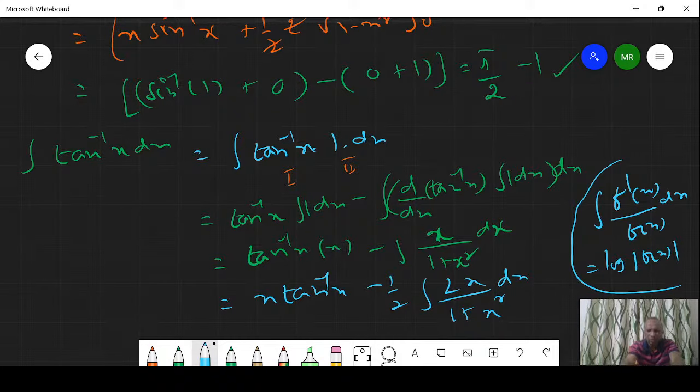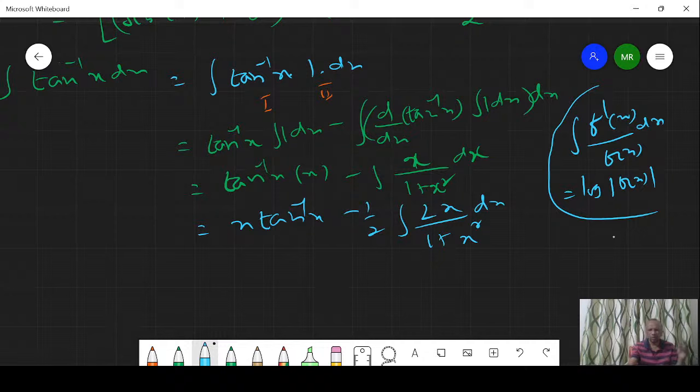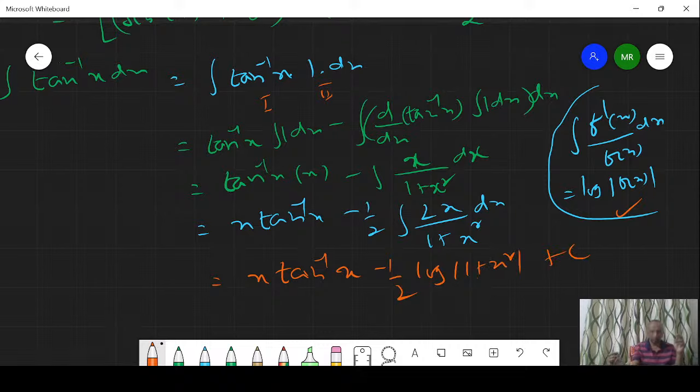Using this formula, this will become x tan inverse x minus 1 by 2 log mod 1 plus x square plus c. That will be our answer for integral tan inverse x dx.